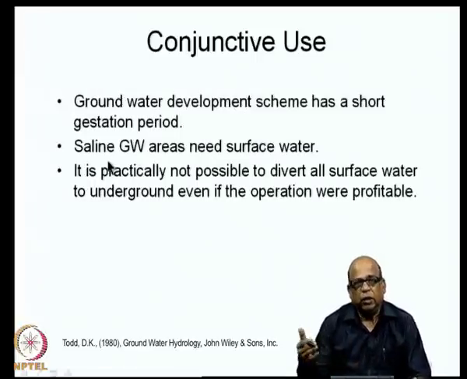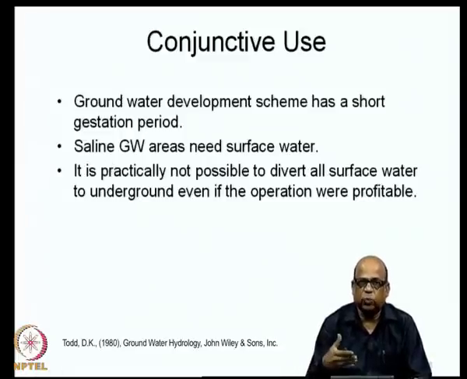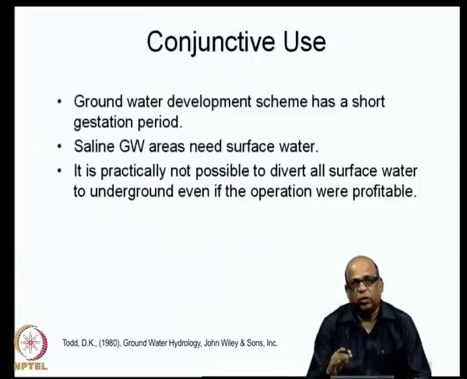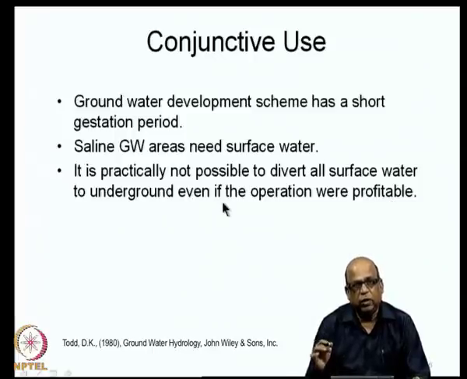However, in coastal regions typically, if there is saline groundwater, that is, salinity ingress takes place and the groundwater becomes saline, you need to inject more fresh water or more surface water so that the salinity gets reduced. Now, of course, it is not practically possible to divert all of the surface water underground, even if the operation were profitable.